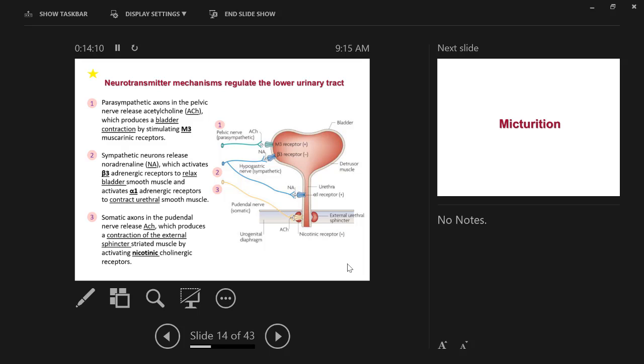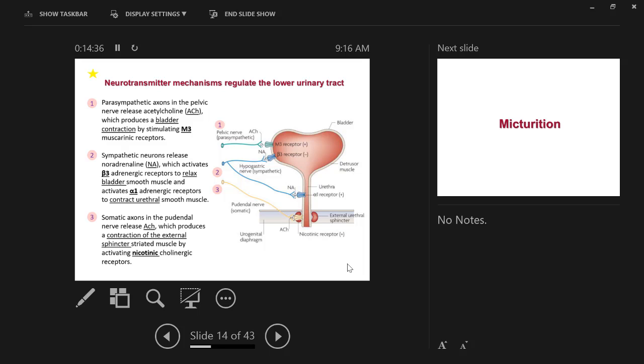Yes. Is there any action of beta-2 receptors? No. That's a good question. Beta-3 you can normally find in fat adipocytes, for fat metabolism, and the other one is the bladder. Beta-1 and beta-2 more regulate hemodynamics, like the heart and vessels.